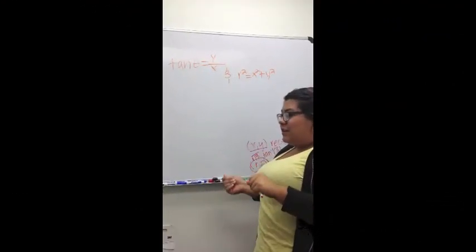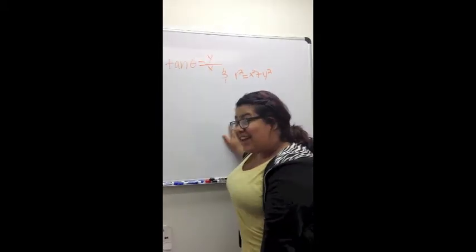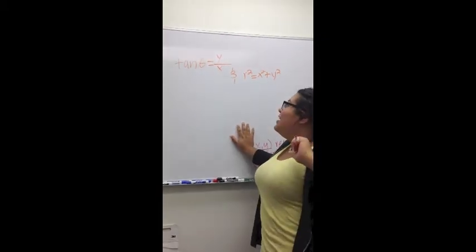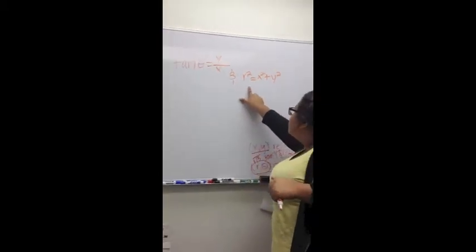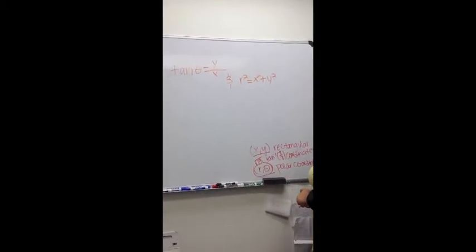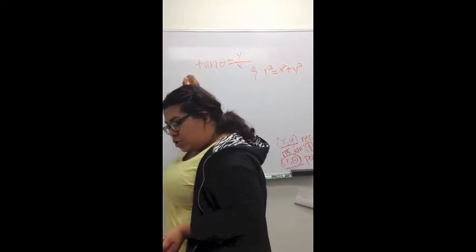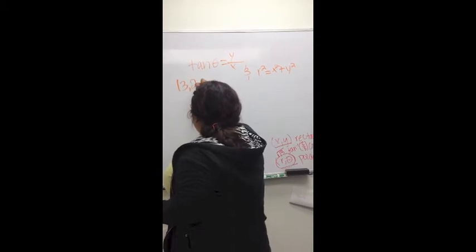We're going to be using the equations that we previously saw in the basic relations section of the video. We're going to be using tangent theta equals y over x and r squared equals x squared plus y squared. Now the point that we're going to convert is 3 and 2.